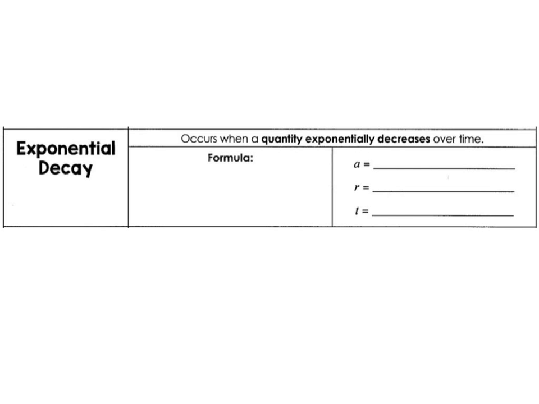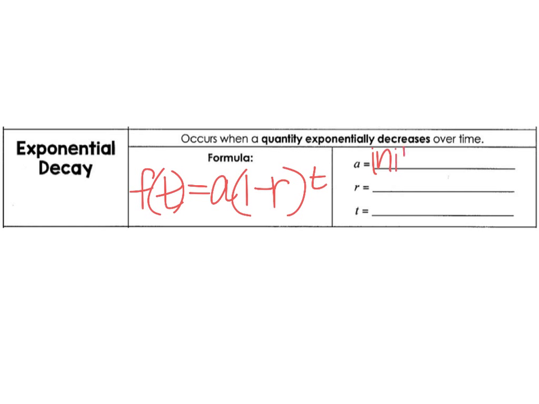So the formula for exponential decay is f of t equals a times 1 minus r to the t power. So the only difference is we're going to say 1 minus the rate, that's decay, where in exponential growth it was 1 plus the rate. All right, and it's the same idea where A stands for the initial amount. All right, so what do you start with?